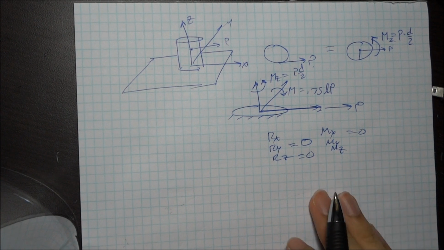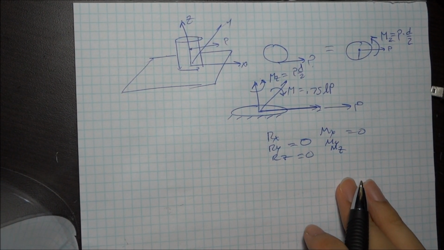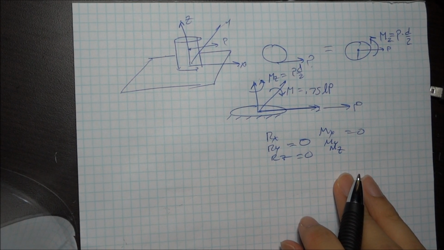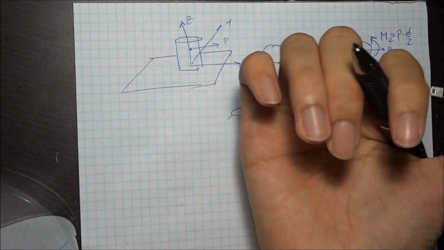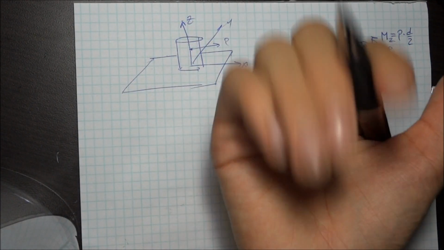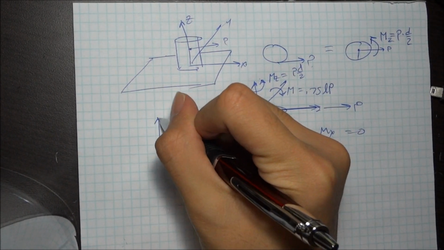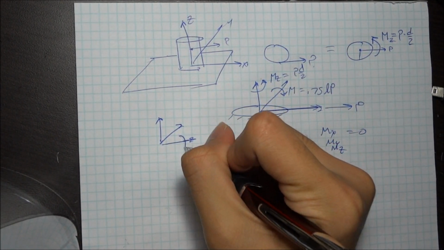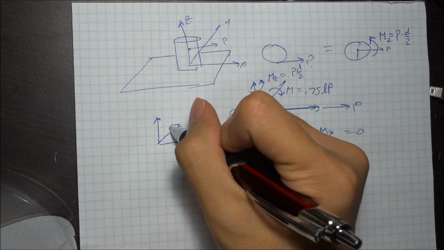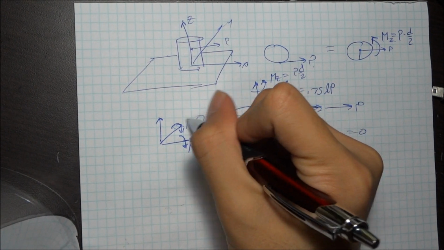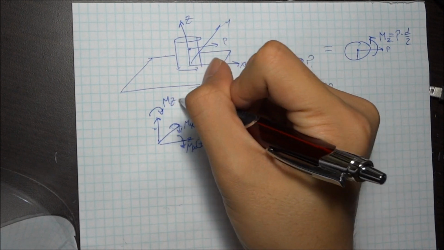An important thing to note is that for your sign convention, you can use whatever sign convention that you want. I personally always use the right-hand rule for my moments. So for example, for my Mx, I say this is my axis, and this is the direction of my moment. If I had my moments like this, I would define this as Mx positive, this is my positive, and this is Mz positive.